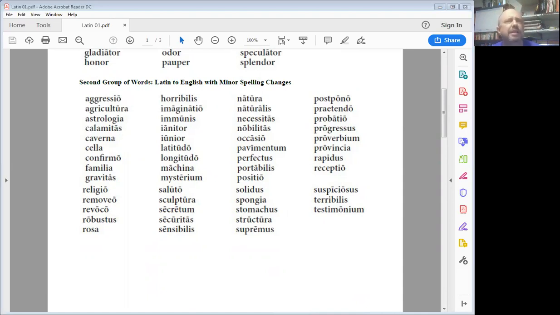You'll notice that it's often very easy to figure out what the word is. So the very first one that's listed there, aggressio, it's aggression, missing the N at the end, right? The one next to that, moving to the right, horribilis, that's horrible, natura, nature, or perhaps natural, postpono, to postpone something, right?